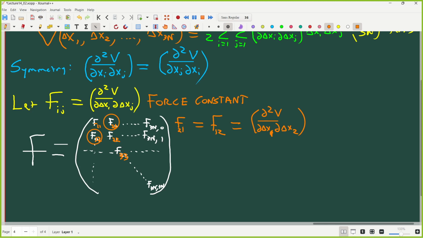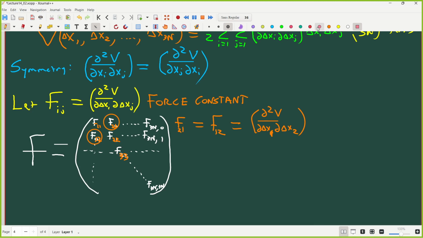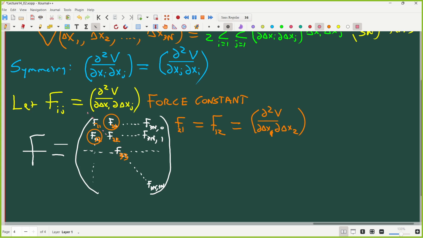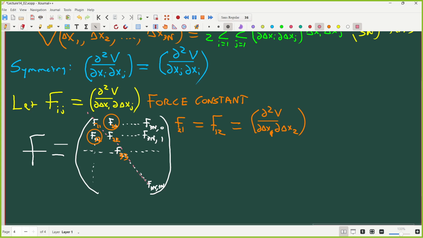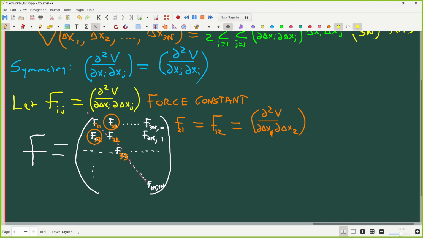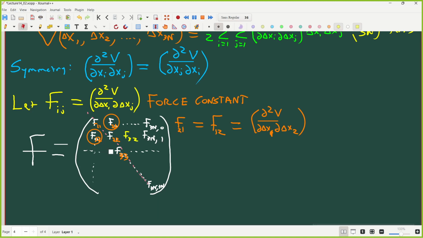So as I go along the diagonal, which I'll draw here with my pink, think about the terms right off the diagonal. This is going to be f32, and then down here below it, on the other side of f22, is going to be f23. And of course these are equivalent with each other.